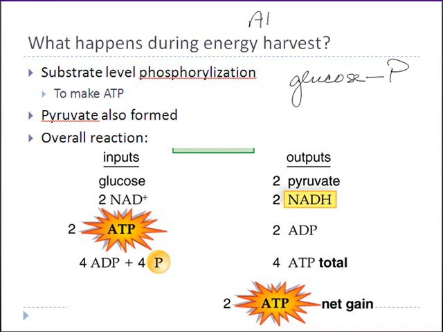Simple as that. And we get that phosphate from ATP. So we take an ATP molecule, we strip off one of the phosphate groups, we put that phosphate group onto the glucose, and we're left with ADP, adenosine diphosphate. So that's the first step.